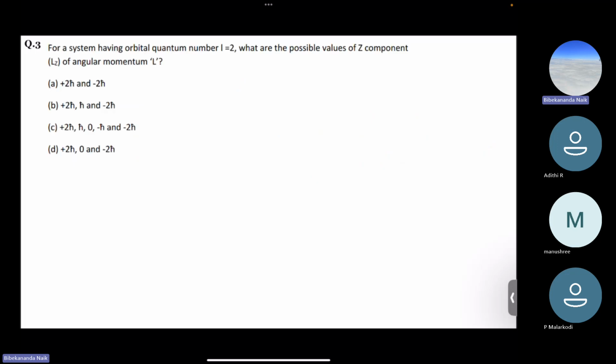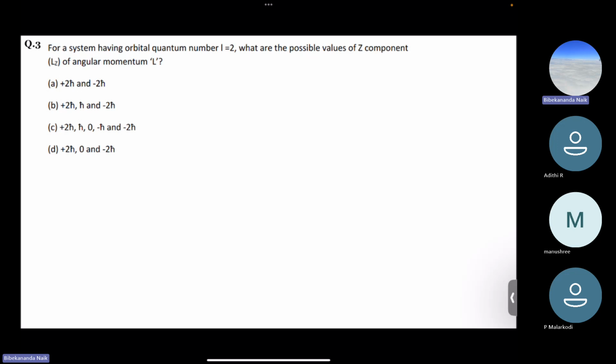Now we come to question number 3. Question number 3 says, for a system having orbital quantum number L equals 2, what are the possible values of the Z component, that is Lz, of angular momentum L?